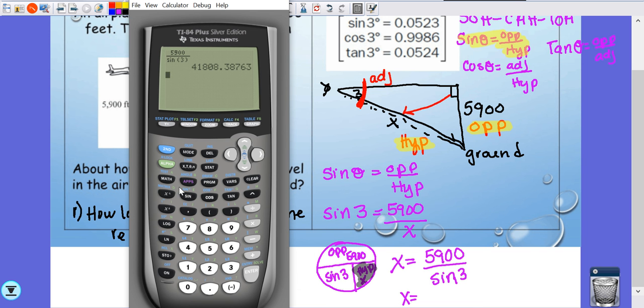Okay, let me check my mode. Oh, I'm in the wrong mode. This should be in degree mode. Yes, so let's go and try that again.